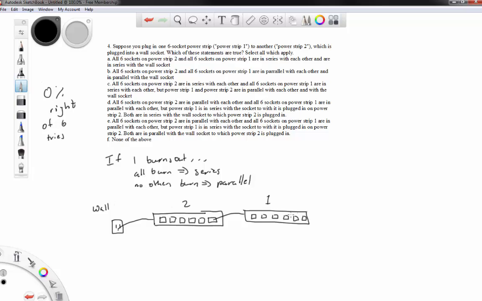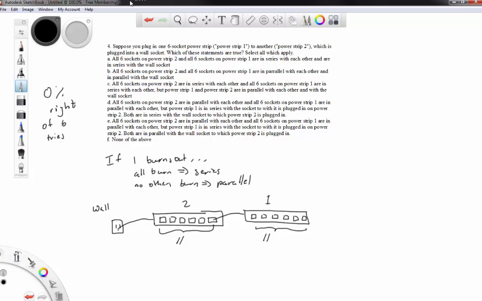So this one right here, we already established that, let's say you have a lamp plugged in, you got your phone charger plugged in. The lamp here burns out, well this lamp still runs, your phone charger still runs, etc. So that means that these are in parallel with each other. That also implies, incidentally, that these must be in parallel with each other.